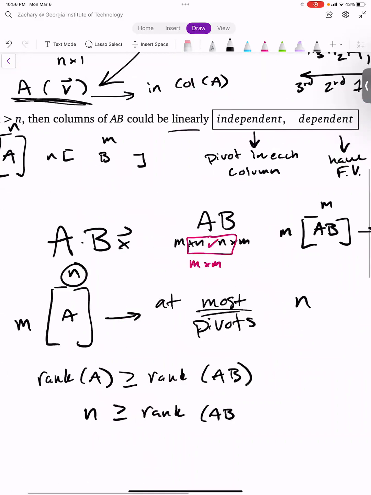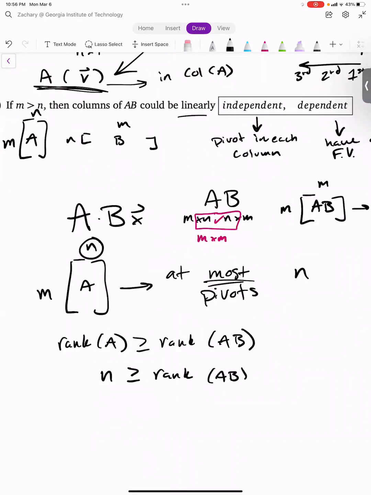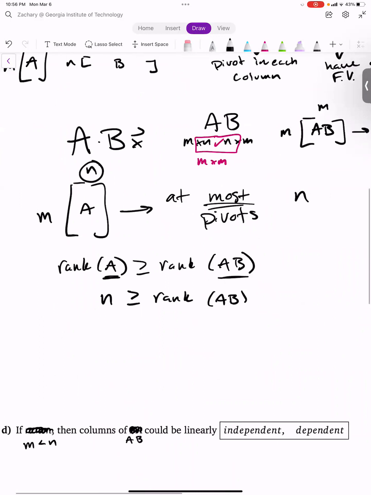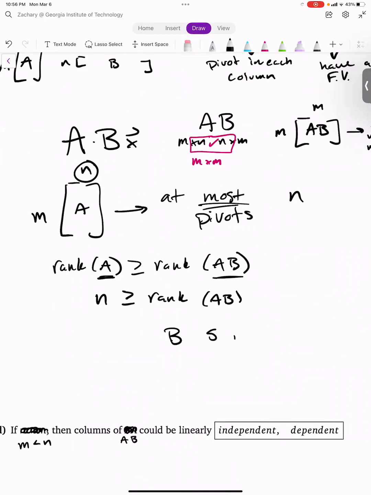So, like you said, the rank of A must always be greater than or equal to the rank of AB because A is the last thing that we do. So whatever we do before that can only limit it more. Think of it as you start with B with 5 pivots, so it's some sort of R5, if you will. And A has 3 pivots, R3.